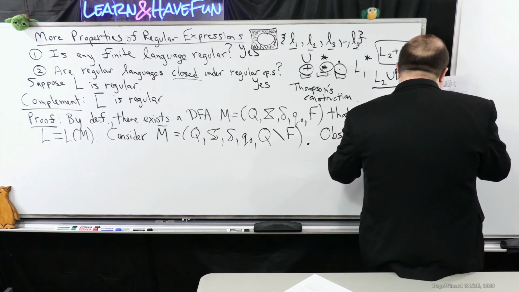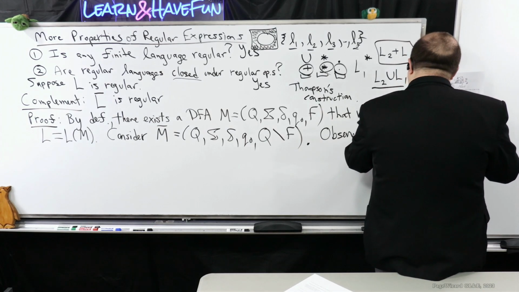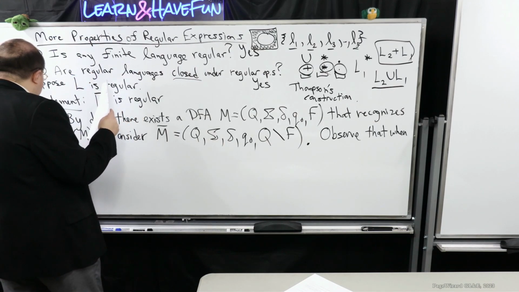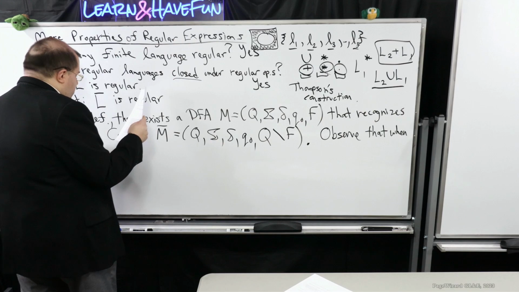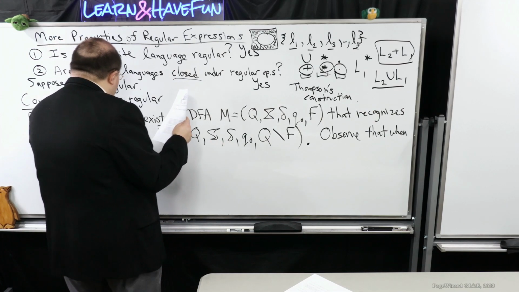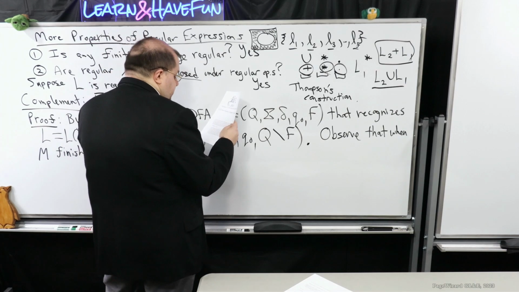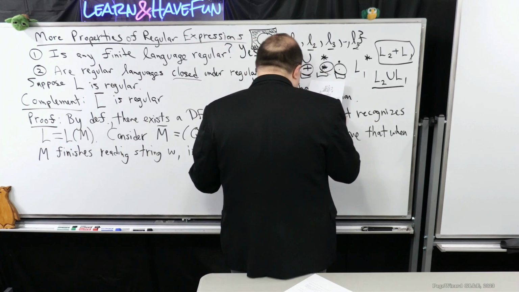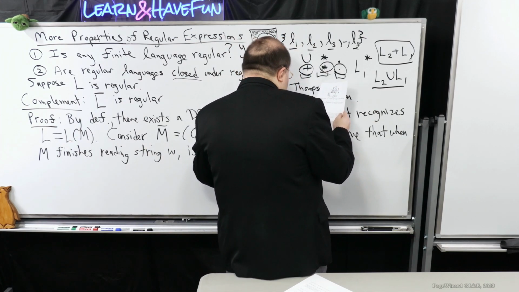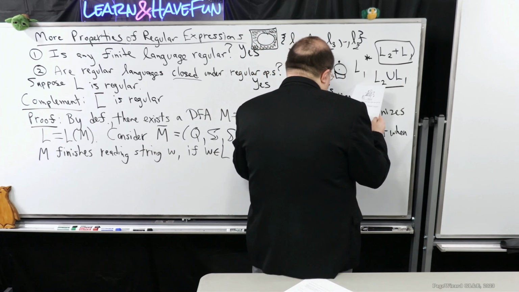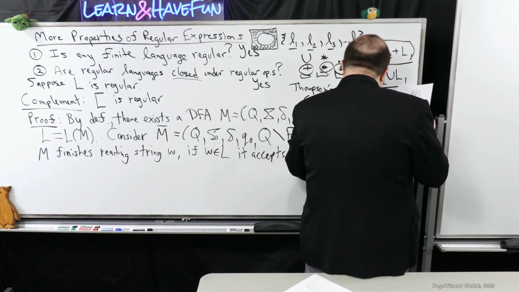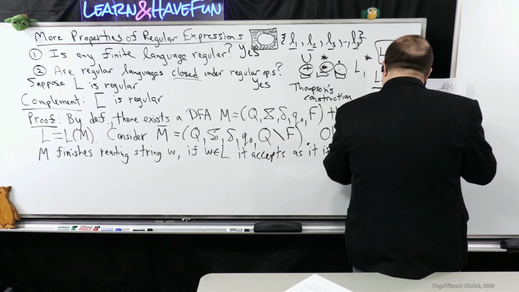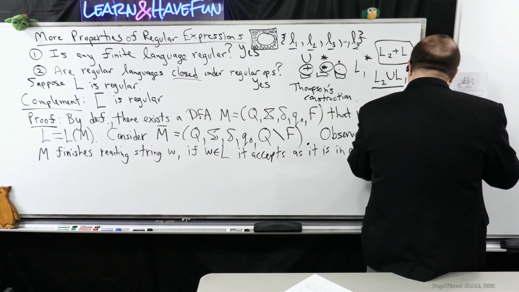Observe that when M, the original DFA, finishes reading string W: if W is in the language L, it accepts, as it is in a state of F, the set of final states.